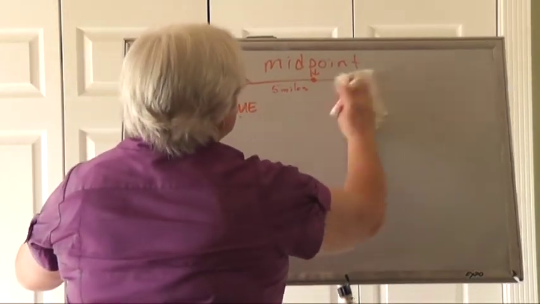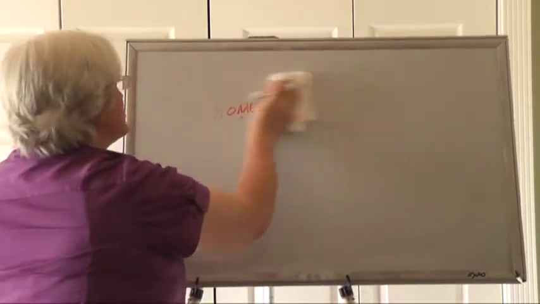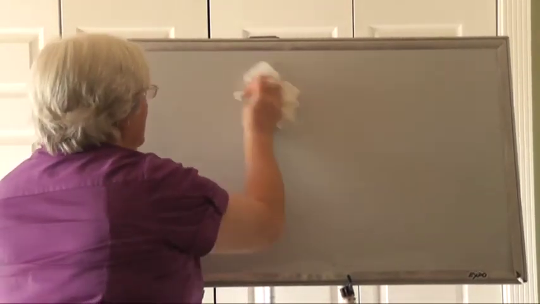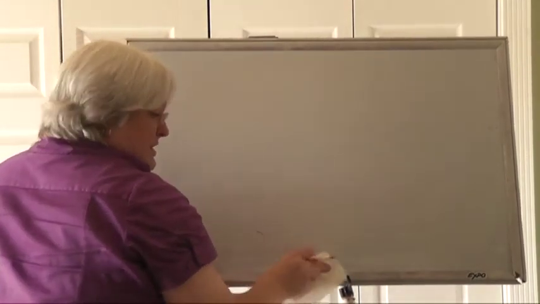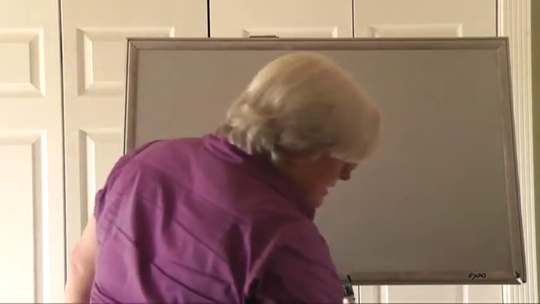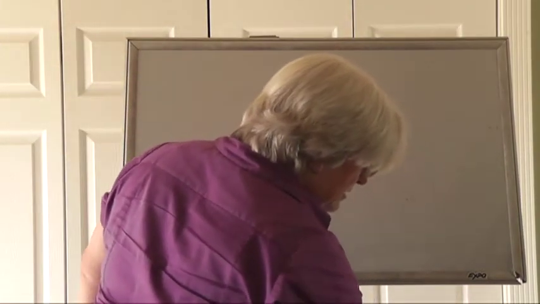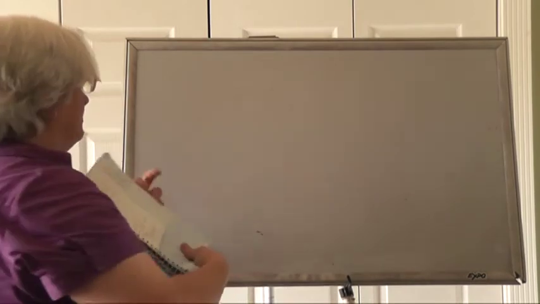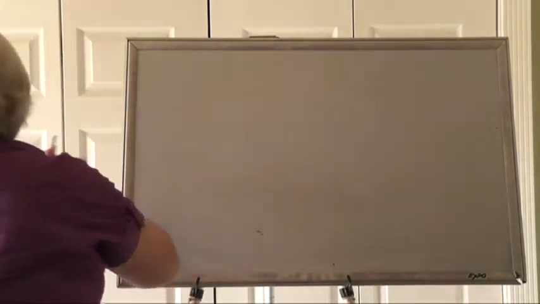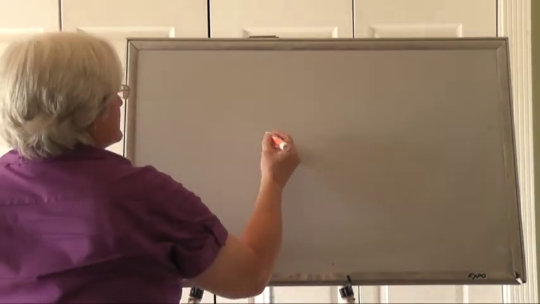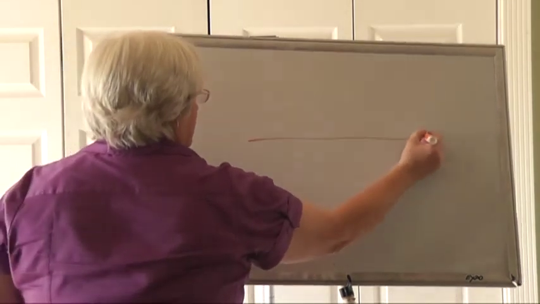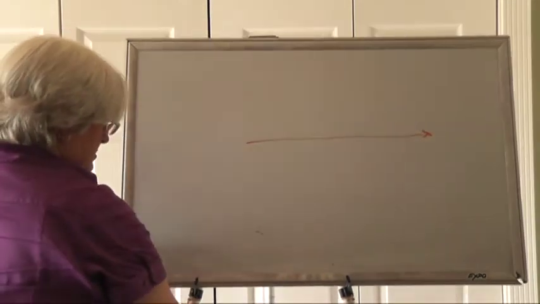And the text that I'm using as a reference for these lectures is Bob Jones University Press, Algebra 1, 2nd edition. And if you have that, on page number 4, I'm going to go ahead and sketch the number line that they have here.